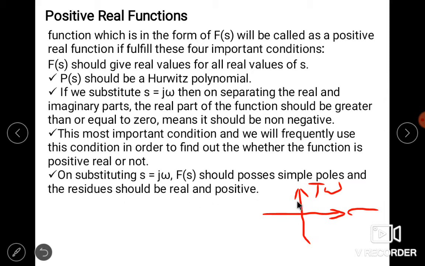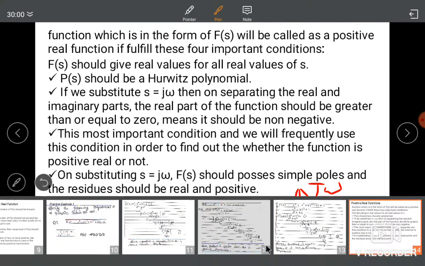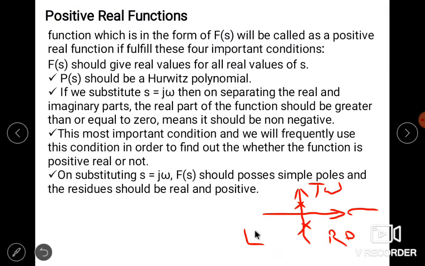Means, see, this is the imaginary axis. If the function lies on this axis, then the system is marginally stable. This is the right plane, and this is the left plane.